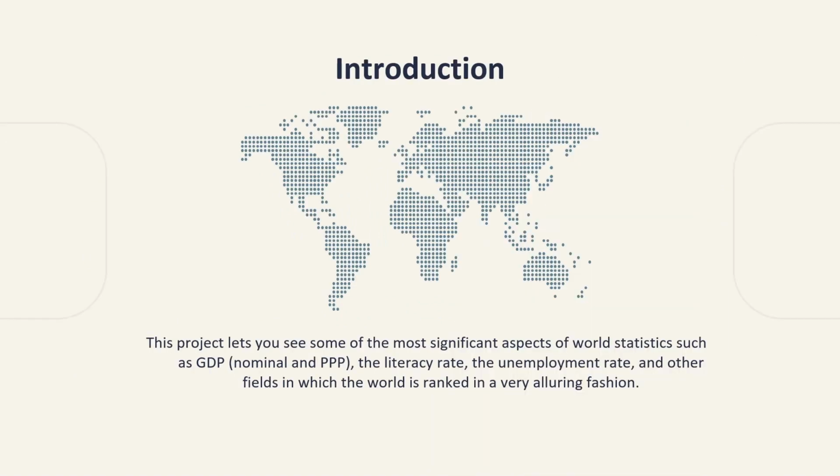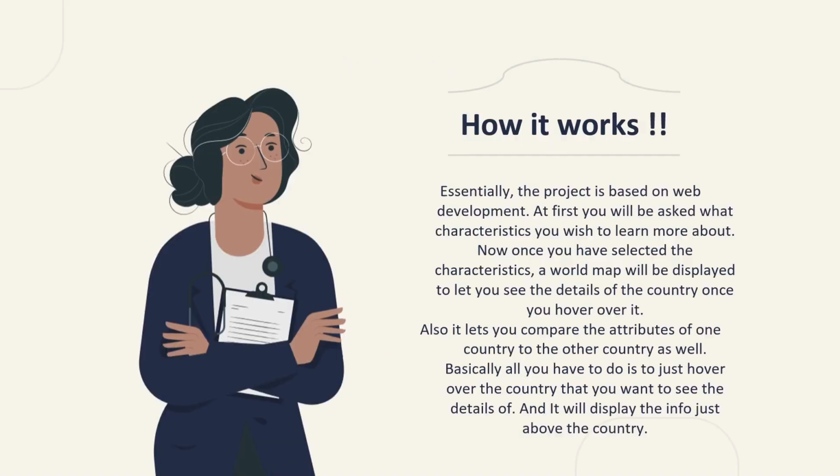So our project in a nutshell is that we are trying to provide you a platform that shows some of the most significant aspects of the world, like GDP, literacy rate, unemployment rate, and other fields, as I talked about earlier, through interactive maps.